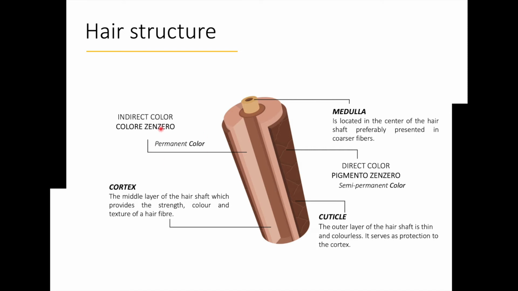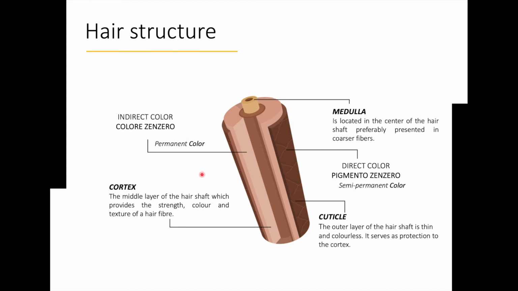Here you can see the types of colors we have in Avena. We have direct color, that is Pigmentosa. This one is semi-permanent color. It does not require developer in order to work and stays on the cuticle. This is why they last 8 to 10 washes, because they only stay in the cuticle. And the colores sincero are a permanent color.